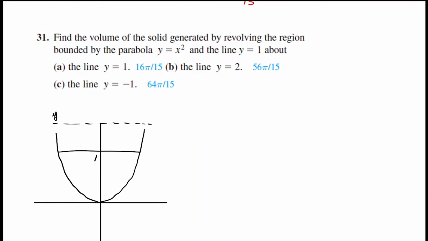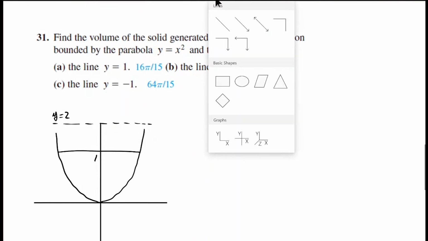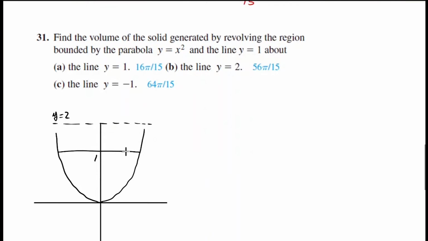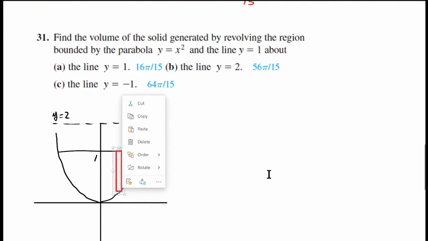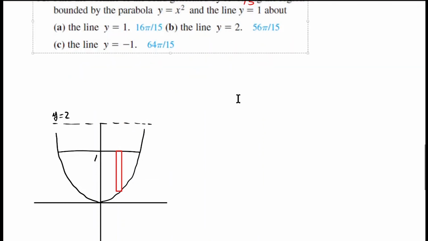This is y is equal to 2. Good. Okay, I'm gonna draw the rectangle as always. So this time looks like washer method is preferred way, eh? I'm gonna move this thing up so I can finish drawing this thingy.